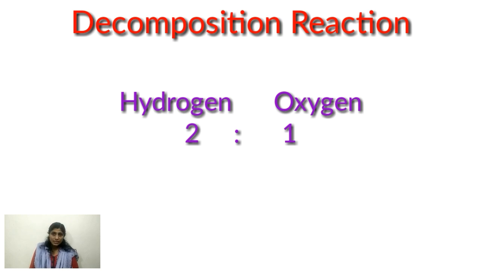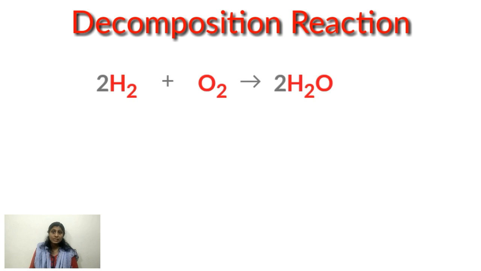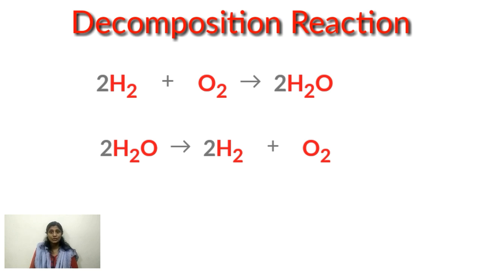We know that hydrogen burns in oxygen to give water: 2H2 plus O2 giving 2H2O. That is combination reaction. It's reverse: when water is electrolyzed, you get hydrogen and oxygen, that is 2H2O on electrolysis giving 2H2 plus O2. Thus, decomposition reaction is just opposite of combination reaction. We proved.